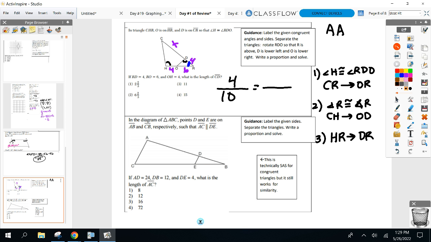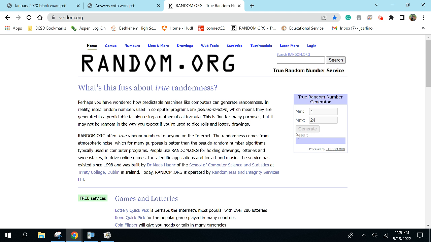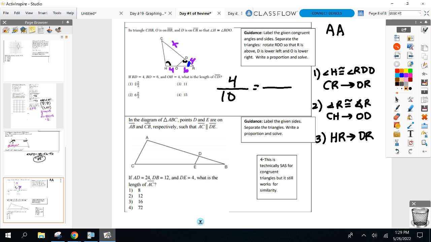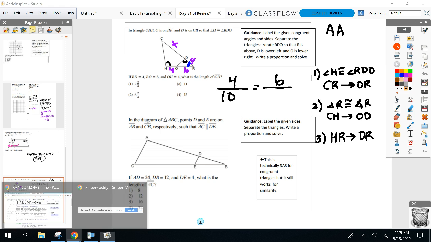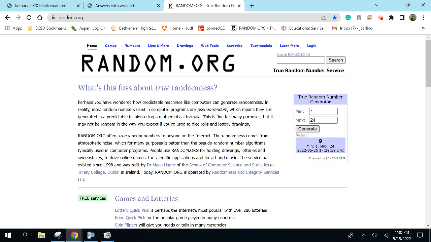Name another side in the small triangle. 6. What other side do we know? 6. Yeah, there we go. See, you got that, Lauren? Good. That's why I kept repeating it. What's the 6 correspond with in the big triangle? 9.